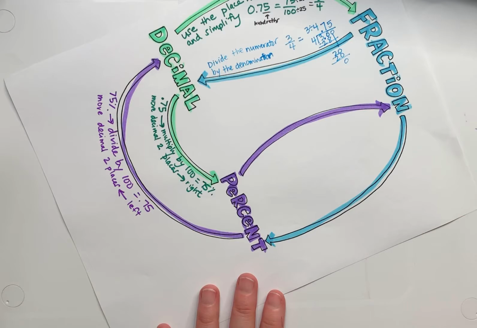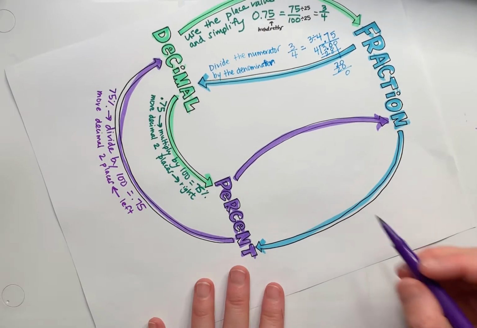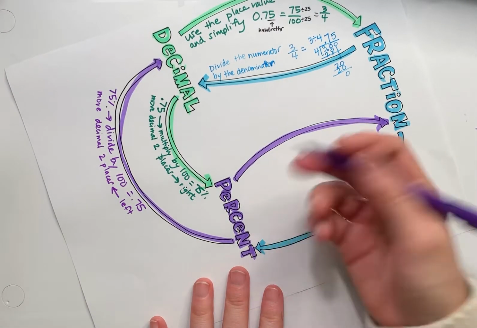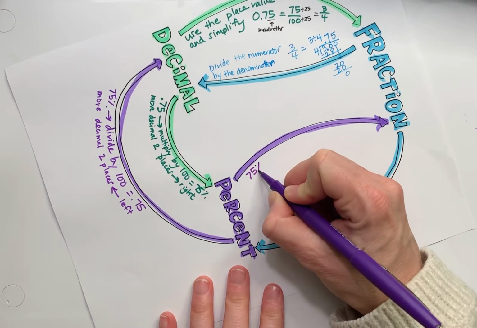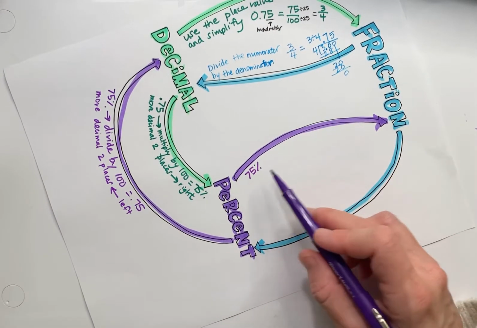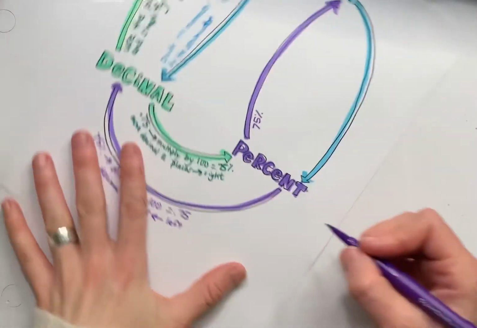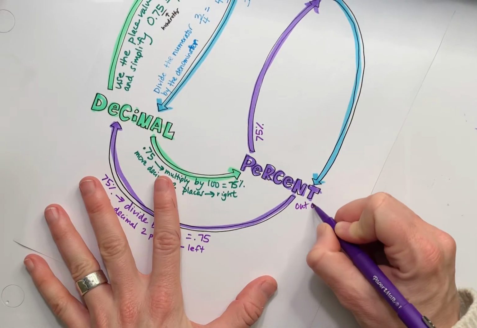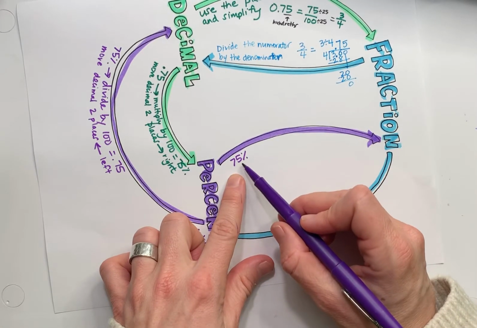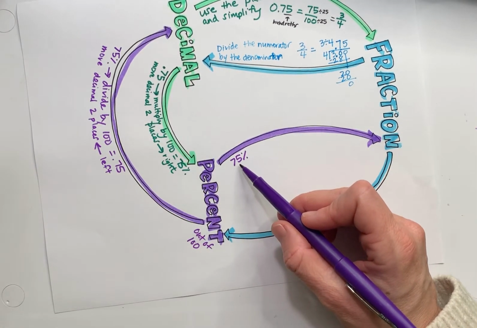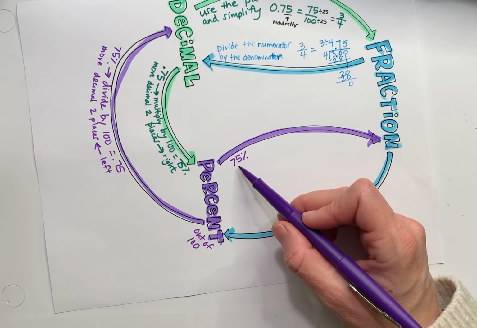All right, so the next thing we're going to do is convert a percent to a fraction. So let's say we had, I guess we'll just keep using the same one, 75%. Percent means out of 100. Actually, let's write that, out of 100. The percentage is always going to be out of 100, and so that is going to be your denominator.